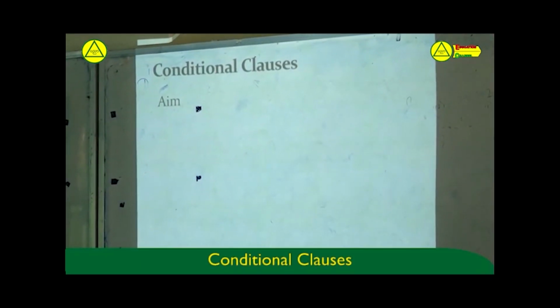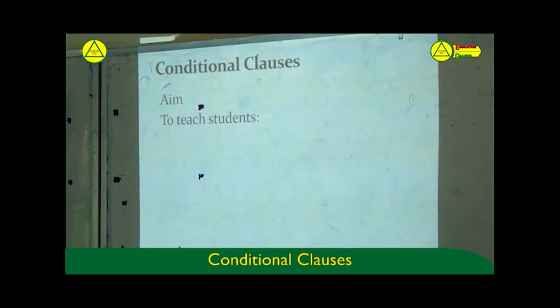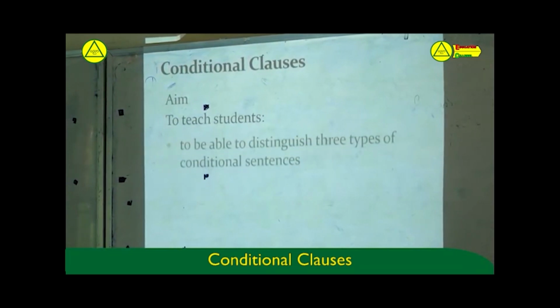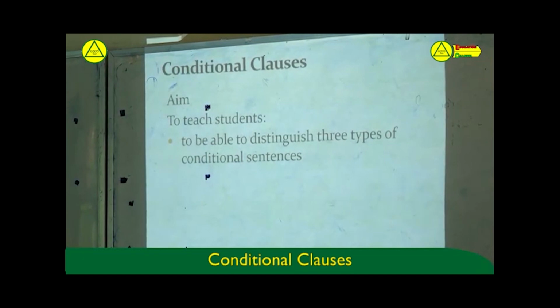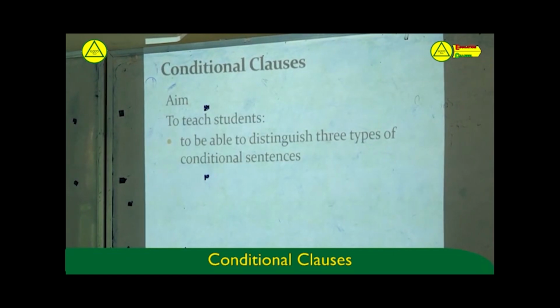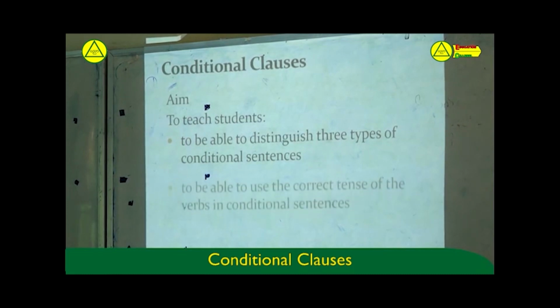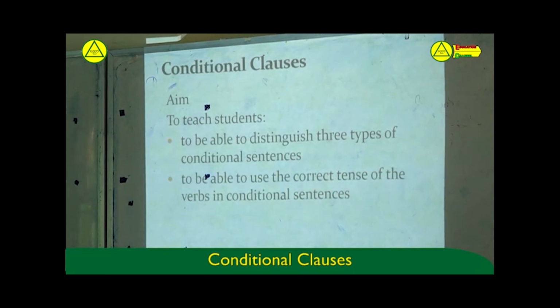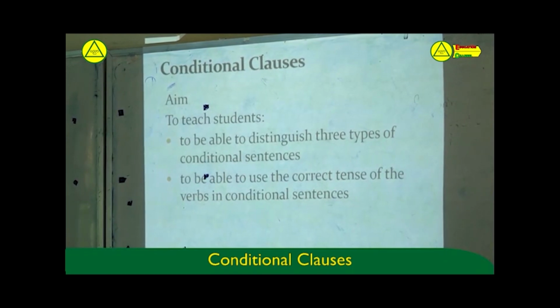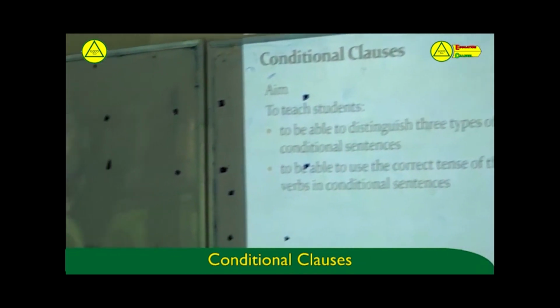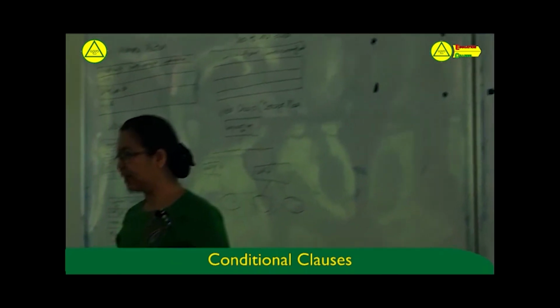The aim of this lesson is to teach the students to be able to distinguish three types of conditional sentences, and another aim is to be able to use the correct tense of the verbs in the conditional sentences. Very simple, because you know that there are three types of conditional sentences.